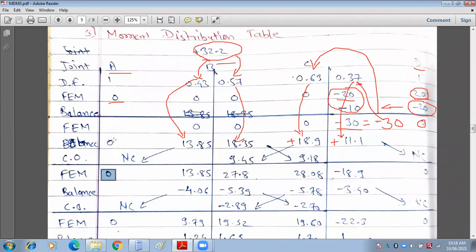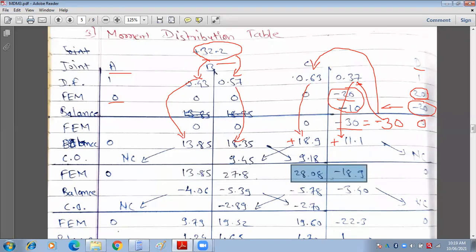Now here the balance moment is 0, that's why this term is 0 over here. Now the addition of these two as it is, addition of this 3, write down over here, addition of this 3, write down over here, addition of this 2, write down over here. This one carries a 0, therefore it is 0. Now once again check whether support B and support C are balanced or not.